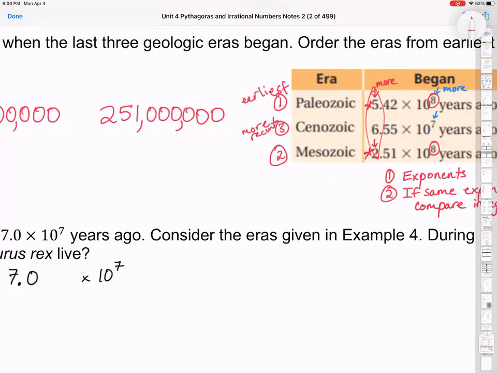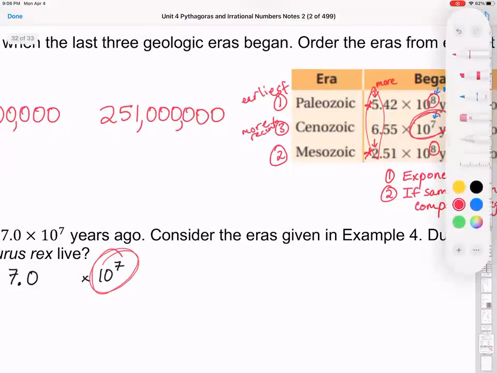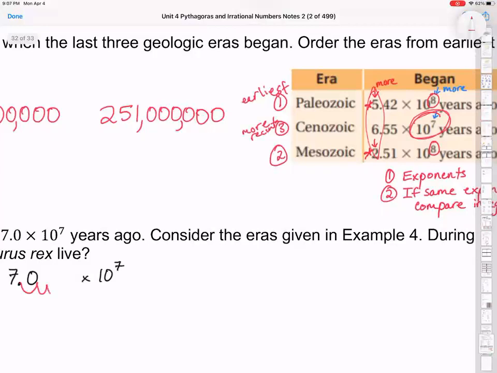And if you said Cenozoic, you are absolutely right because, again, it's that sharing of the same exponent. They were in that same kind of time period. Just to help illustrate it, if we were to make this into standard form, I can move that decimal over 7 times. So 1, 2, 3, 4, 5, 6, 7.